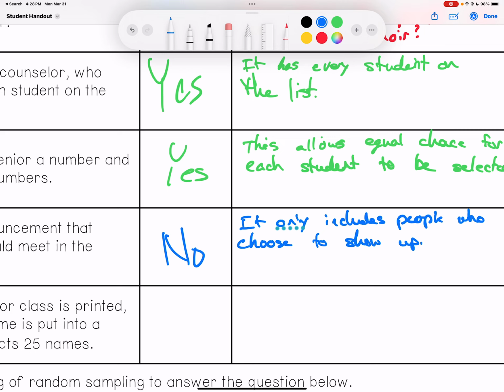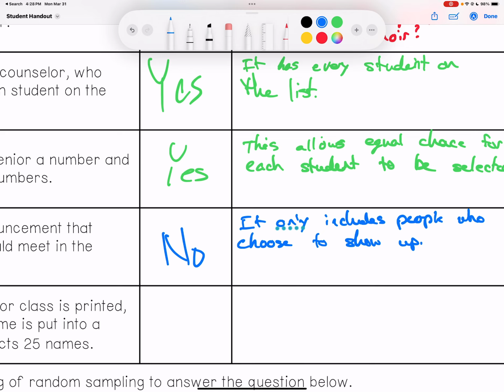Now, let's say she sent out a survey via email to every student and only some of them responded. Is it still a random sample? Yes, because every one of them had an equal chance to respond. Okay? So if she picked that list of names, the top 25 people or whatever, and she sent an email to all of them, and then let's say 3 of them didn't respond, is it still random?